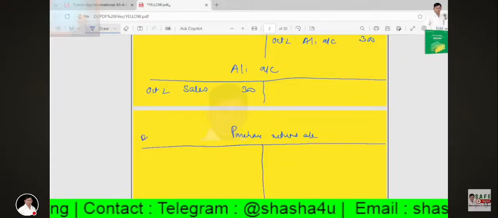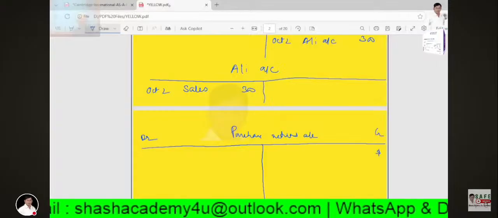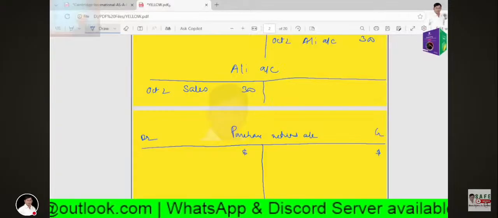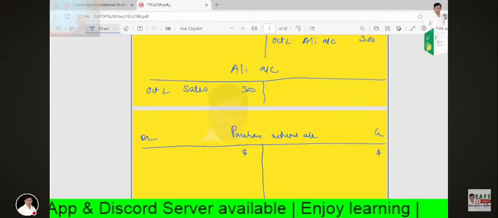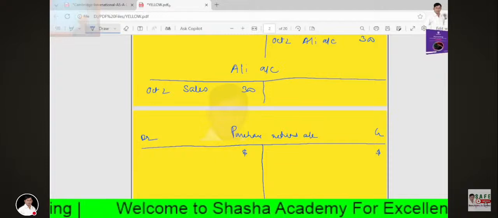This side is always debit. This side is always credit. Always in dollars. Purchases is always a debit, so purchase returns is exactly the reverse of that. It is always a credit.